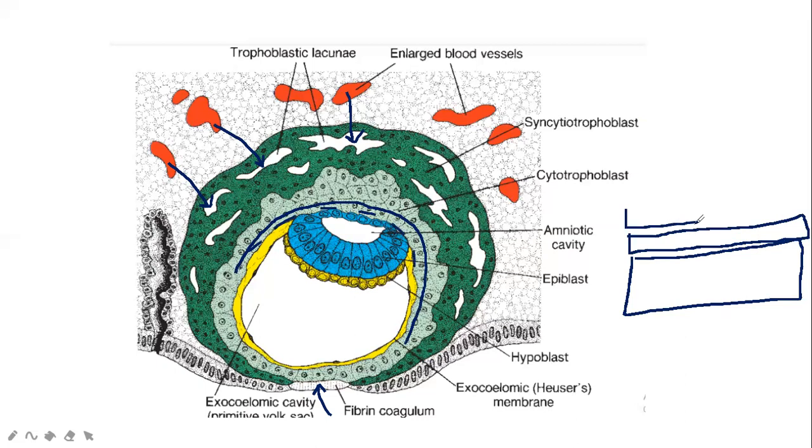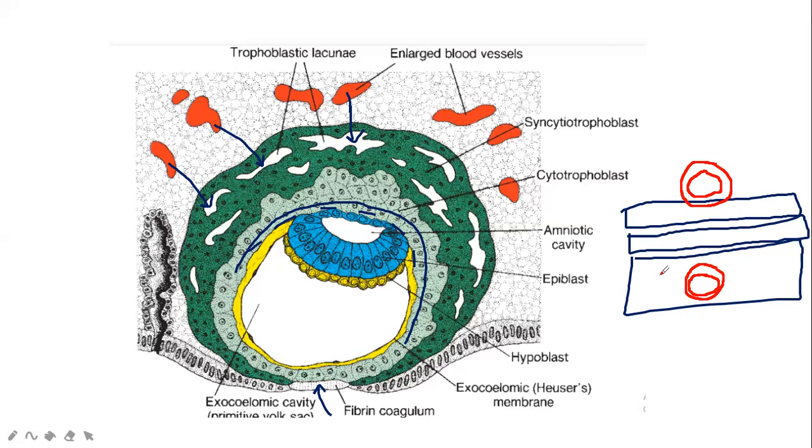Number three is the syncytiotrophoblast. And number four is the blood, within the lacunae. Actually, the blood vessel is outside, but it can leak its blood into there. Within the extra embryonic mesoderm, we also see blood vessels forming from the cells of the embryo. So these layers are forming the barrier over there.